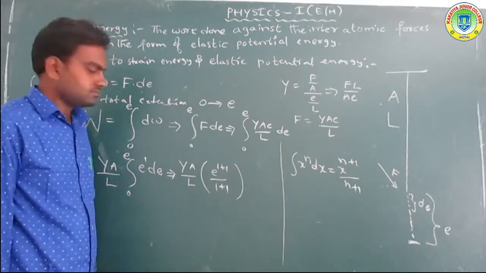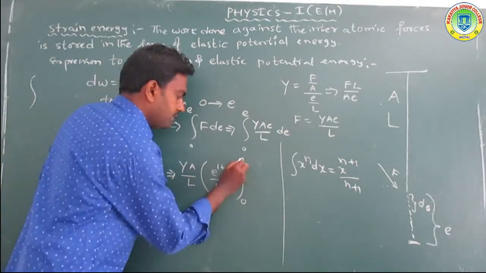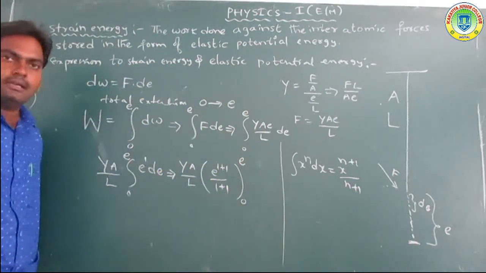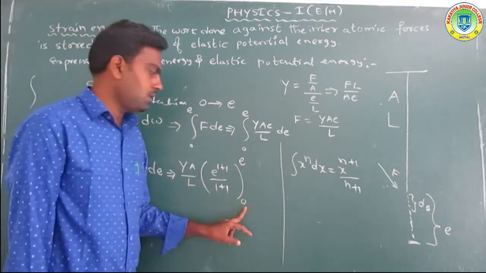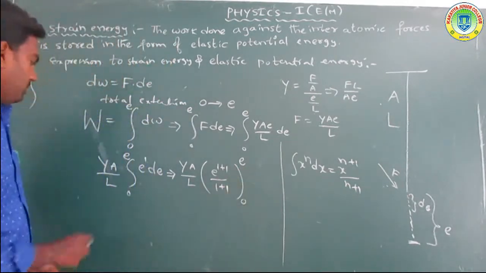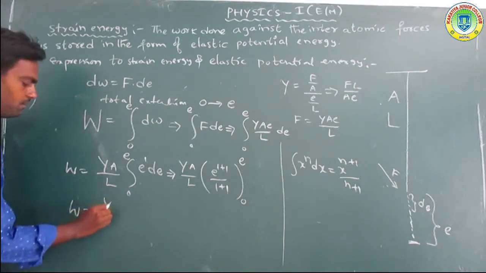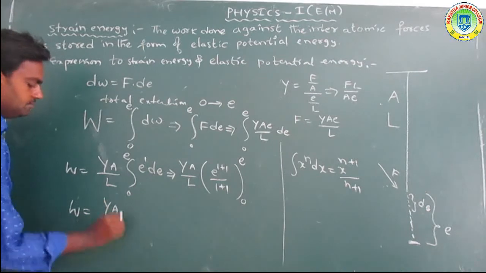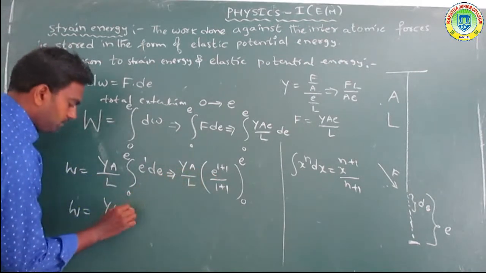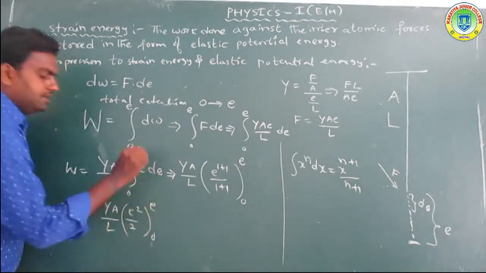Got it? After integration, the limits go outside. So W is equal to Y A by L times e square by 2, from 0 to e.